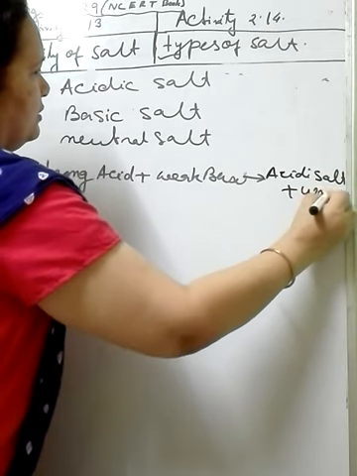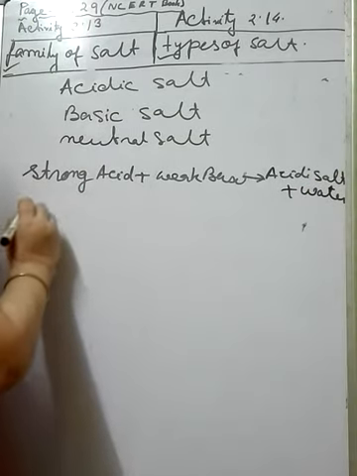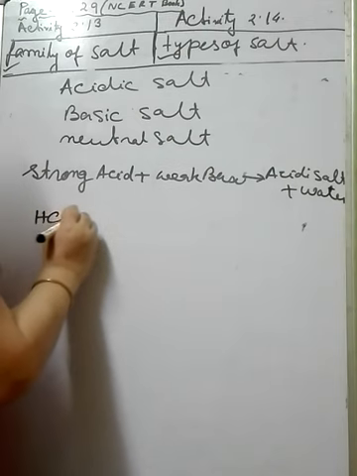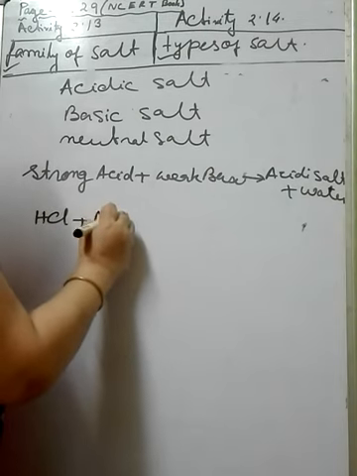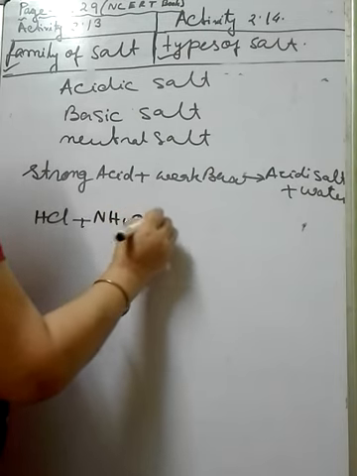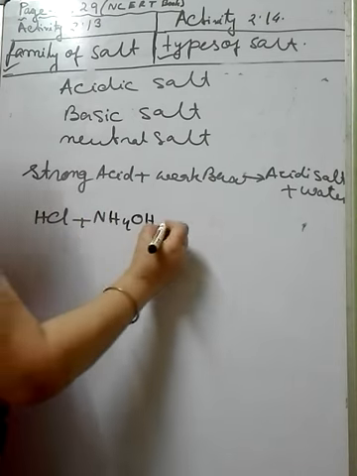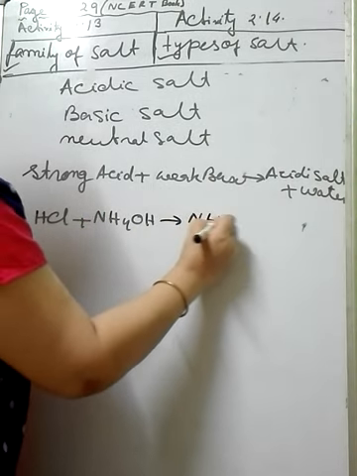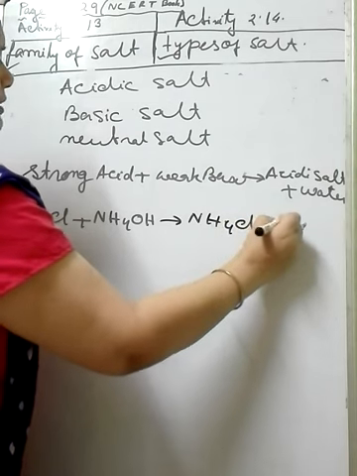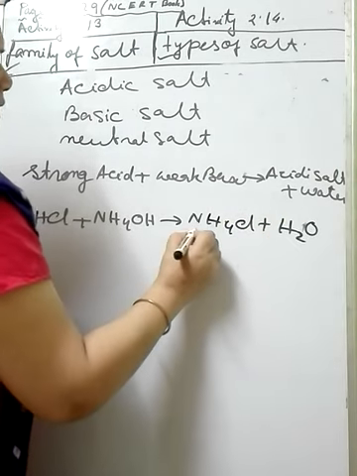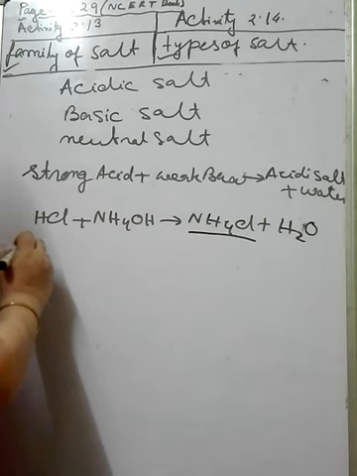Water is common in all. For example, strong acid, hydrochloric acid, combined with a weak base, ammonium hydroxide, which is a weak base. When the strong acid combines with the weak base, it will form ammonium chloride and water. So ammonium chloride is an acidic salt.